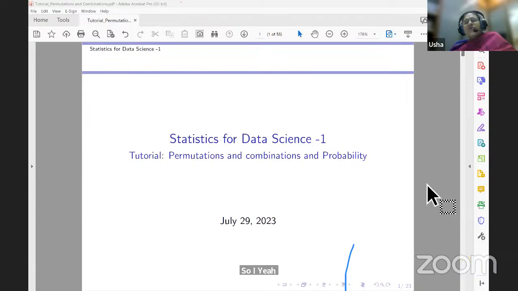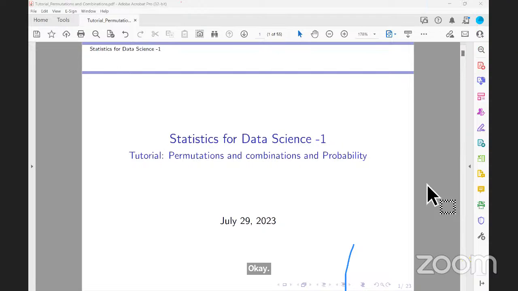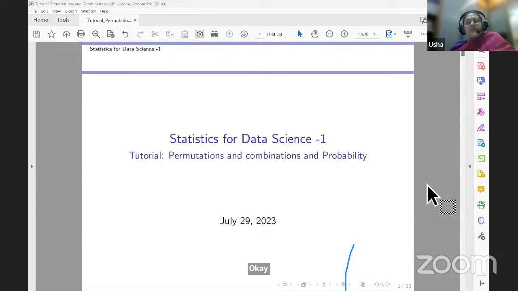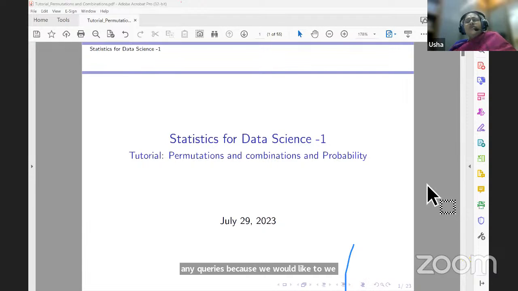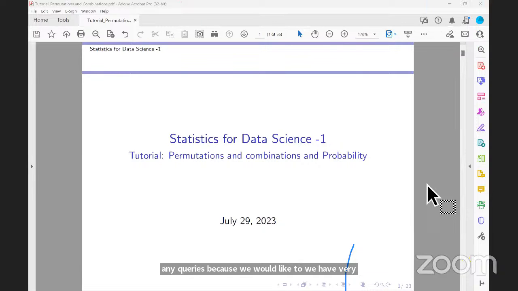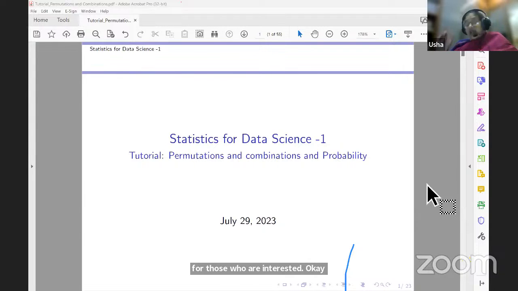Okay, I would request only those of you who think this would be of any use to them to stay here. The other request I have, please use the chat box to ask any queries, because we have very little time. So we would like to maximize this for those who are interested. And the third thing is, let's not distract ourselves by asking whether you want a tech code for the slides or a PDF of the slide or anything of this kind.